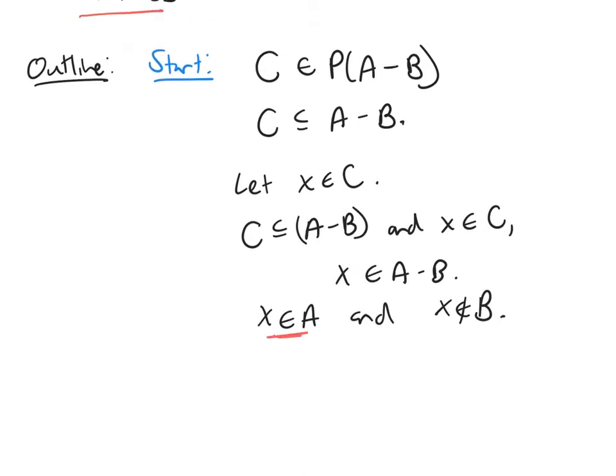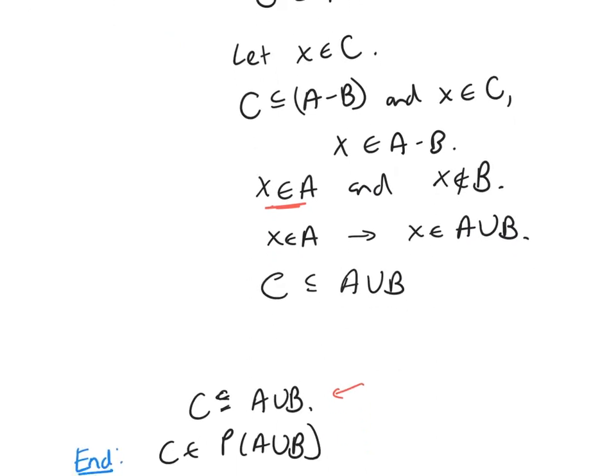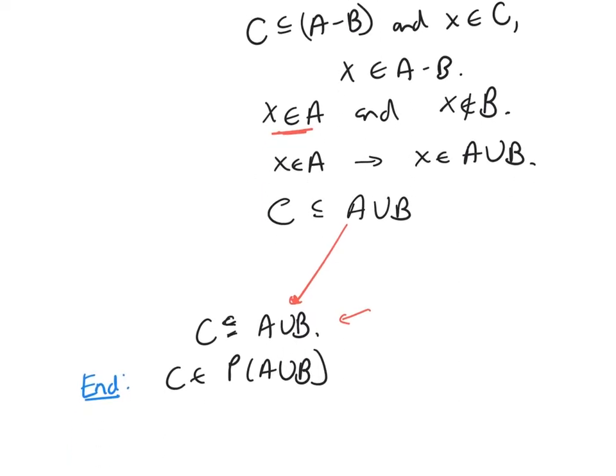I have X is in A. That tells me that X is in A union B. So I've proven that C is a subset of A union B, which is exactly what I needed to get to. That's what I needed to get to, and that's what I did. So now all you've got to do is take this outline of your proof and write a formal proof from it.